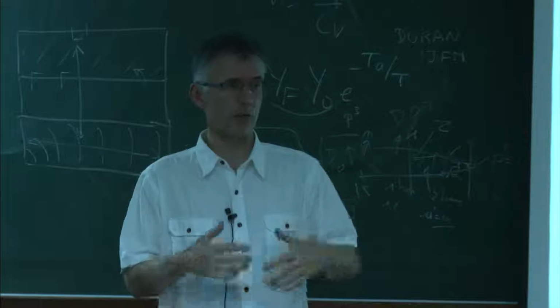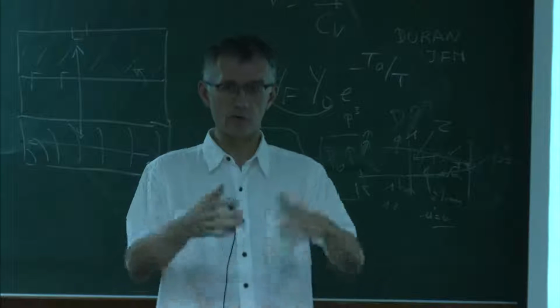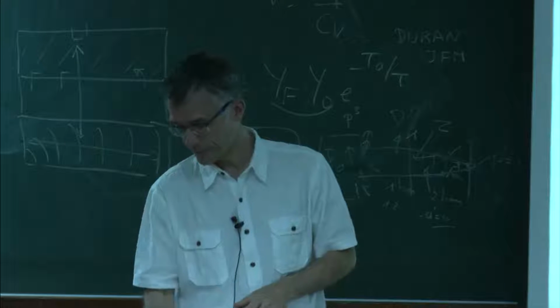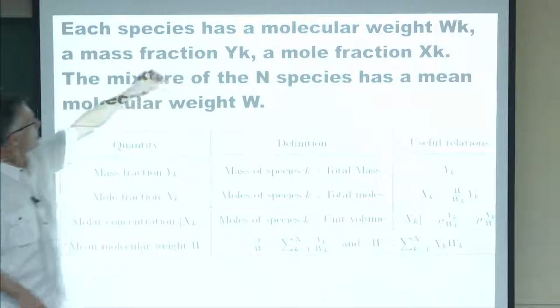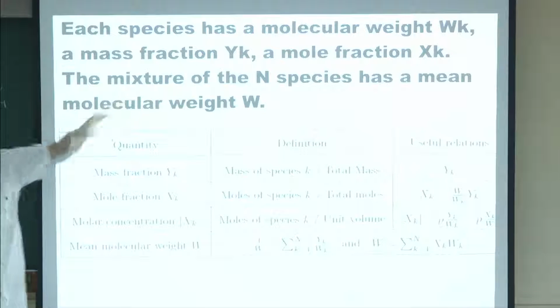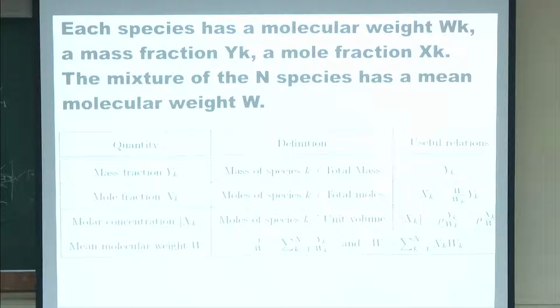It's not a constant. You cannot say the molecular weight was 18 grams per mole. So each species will have its given molecular weight, its mass fraction, mole fraction. All of these are functions of space and time. And the mixture has the mean molecular weight W.